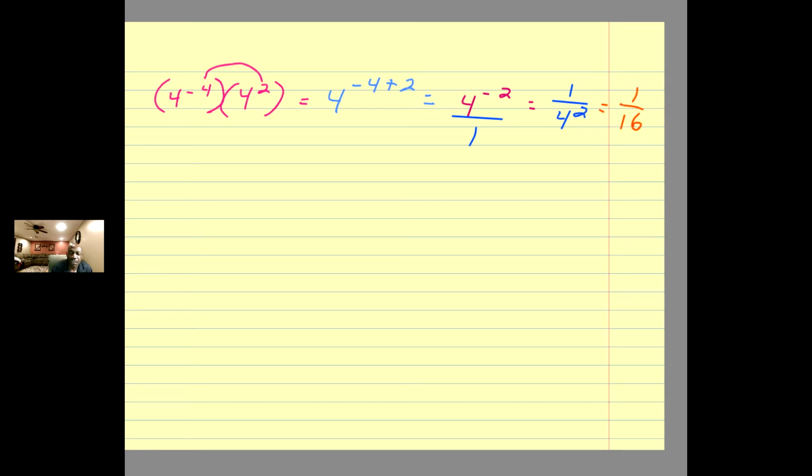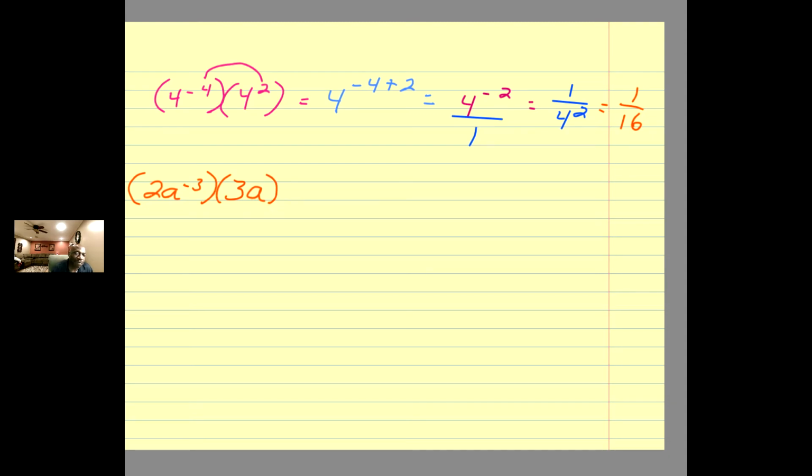All right, let's try this. Hopefully you got that one. So let's try this. Let's say I have 2a to the negative 3rd, put it in parentheses, times 3a. Yeah, let's leave it like that.